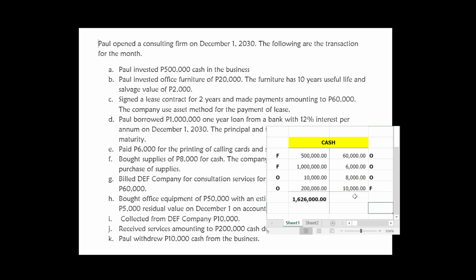So, ang i-add lang natin dito is yung naka-operations, from operations. So, etong 4, etong 5. So, we have 10, 200, 60, 6, and 8. So, since naka-credit to, dapat naka-minus yung sign niya.